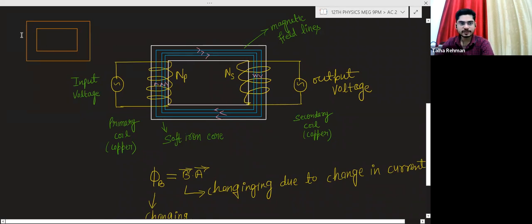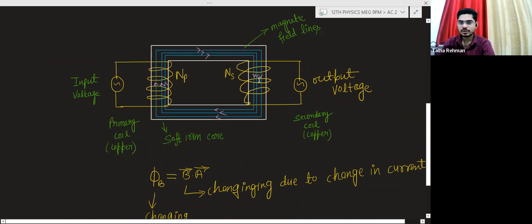And here are the number of turns of wire, and this is known as the winding. This yellow color is the wiring, and this wiring is known as the winding.